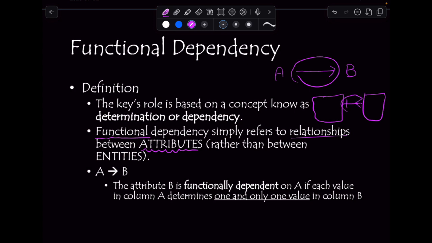In that case, the relationship is between entities. But in functional dependency, we are talking about one attribute and other attributes. So A to B means the attribute B is functionally dependent on A. And this means when we choose one value of A, if you can determine only one value of B, we can say there is a functional dependency.